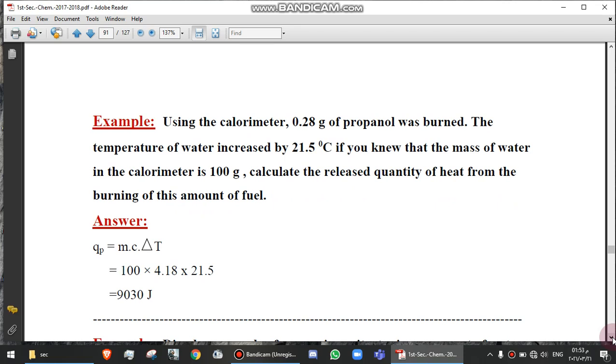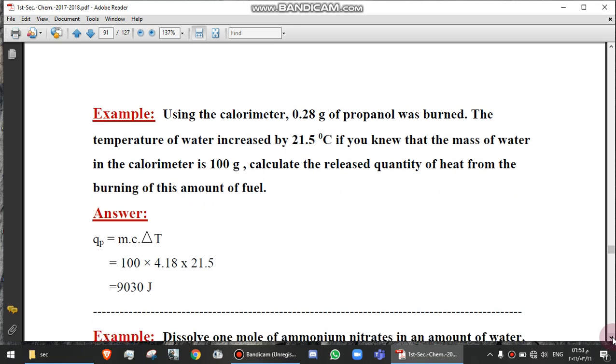Now, for example, you use a calorimeter. What is a calorimeter? This is a device used in measuring the quantity of heat released or absorbed. Now, using the calorimeter, 0.28 gram of propanol was burned. The temperature of water increased by 21.5 degrees Celsius. 21.5 degrees Celsius means the change in temperature, not T final, not T initial, but it is delta T. Okay?